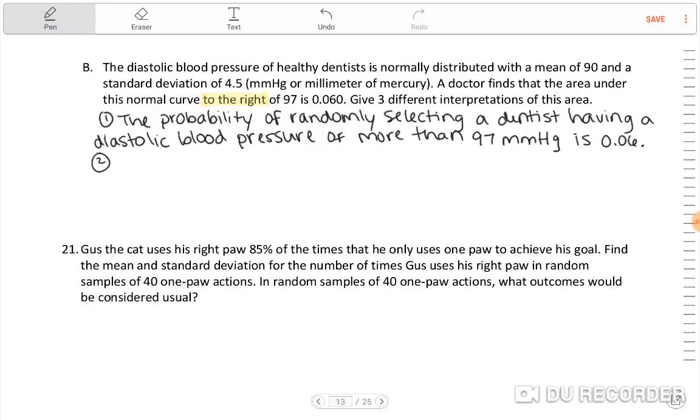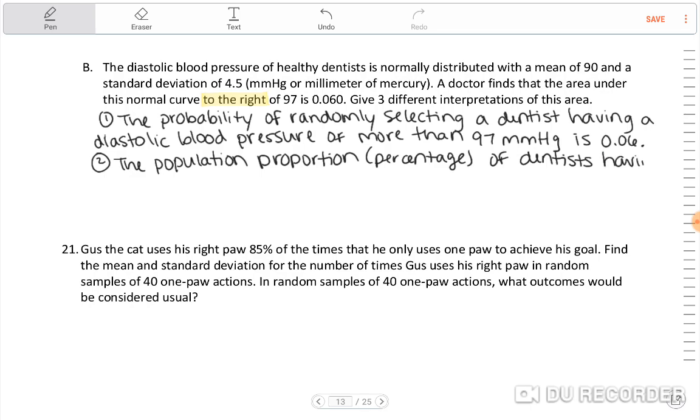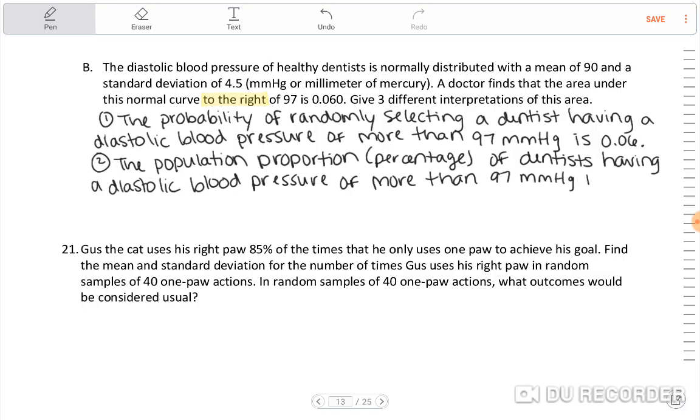The second one we could say is the population proportion or percentage of dentists having a diastolic blood pressure of more than 97 mmHg is 0.06, or 6%.